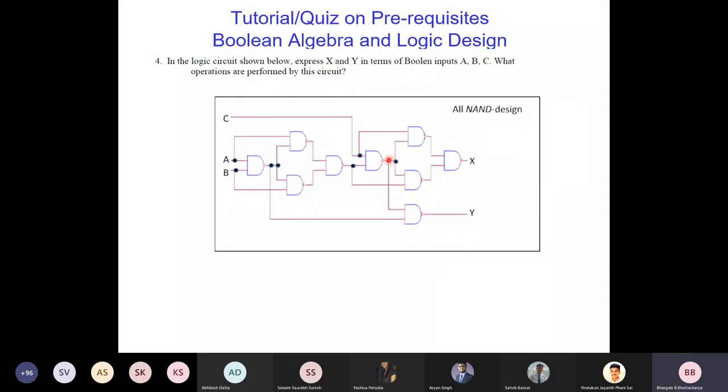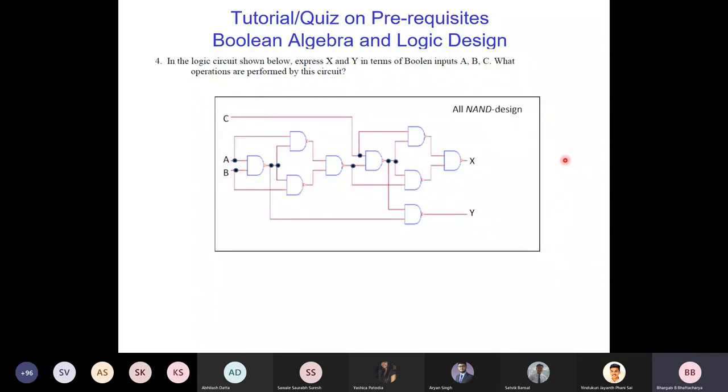This point fans out into three components, so the fan-out index of this line is 3, because it fans out to 3 different destinations. Similarly, the fan-out index of these two lines is 2, of this line is 2, and this is 2. So this is a multi-output combinational circuit comprising only NAND gates, having 3 inputs and 2 outputs.